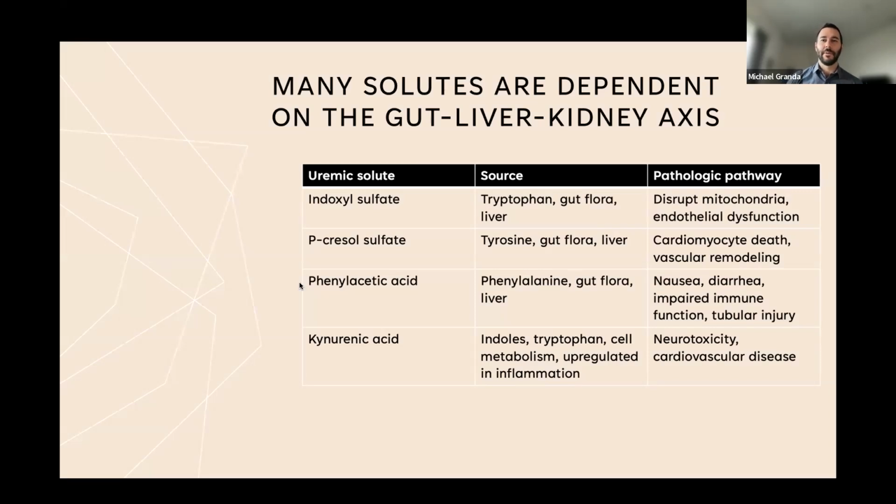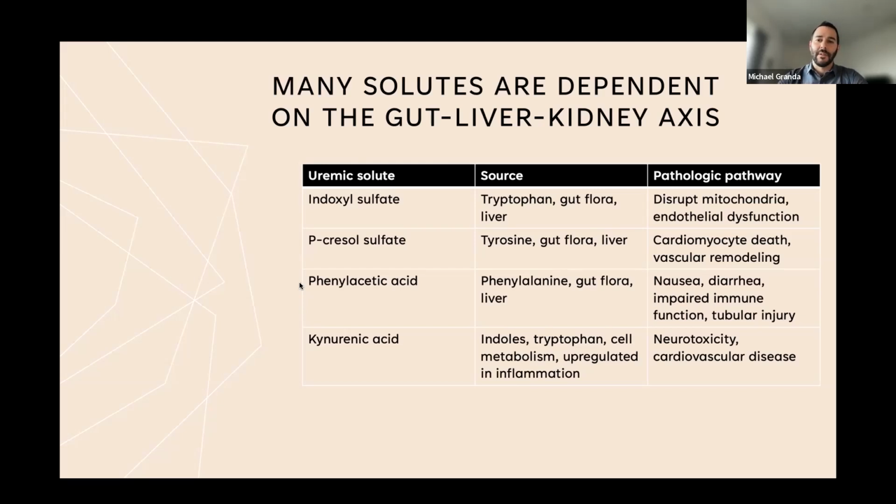Many of the putative uremic toxins depend on the gut-liver-kidney axis for generation and clearance. In no particular scientific order, I chose four well-known uremic solutes, all of which in some way depend on amino acid metabolism by bacteria that's contained in the gut and have downstream pathologies that are known to occur in CKD.